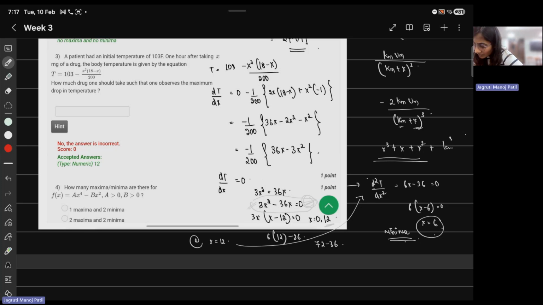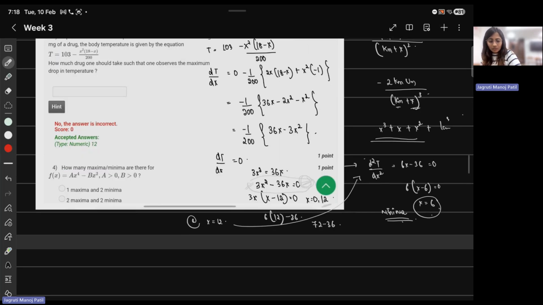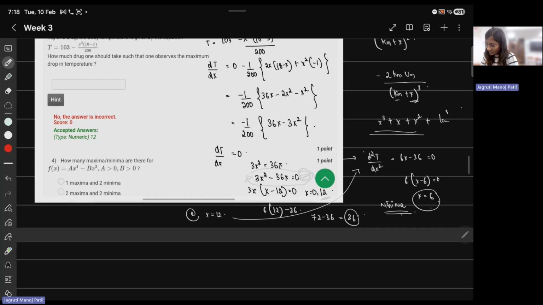Should one observe the maximum drop in temperature? Seeing it here also, let me cross-check if I'm doing something wrong. So it's 6 times 12, yeah, minus 36. So you eventually get 36 here, right? And at x equals 12, this one particular term comes out to be positive.